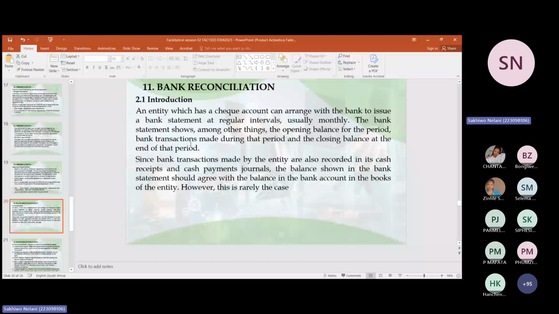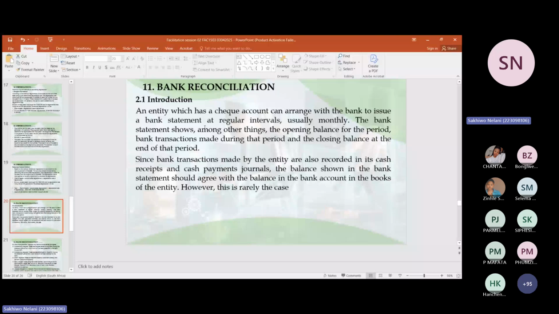The term is suggesting bank reconciliation. It means there are things that are not agreeing, not tidying up, not linking up. Then there's a certain process that needs to be activated to make sure that they are balancing. And we call that a bank reconciliation.